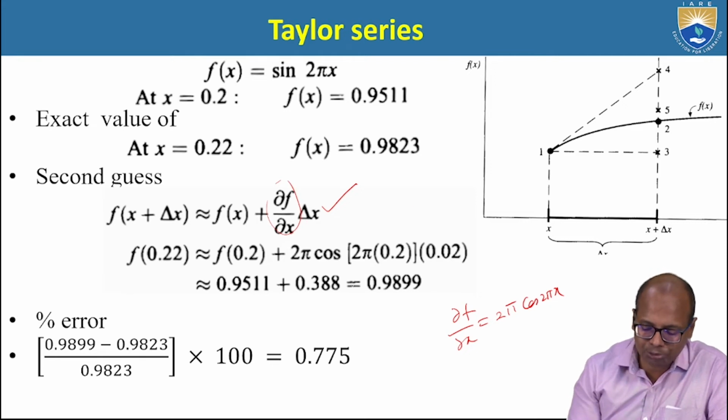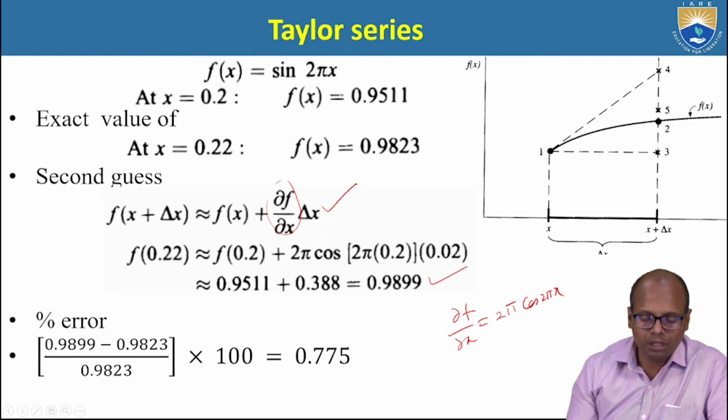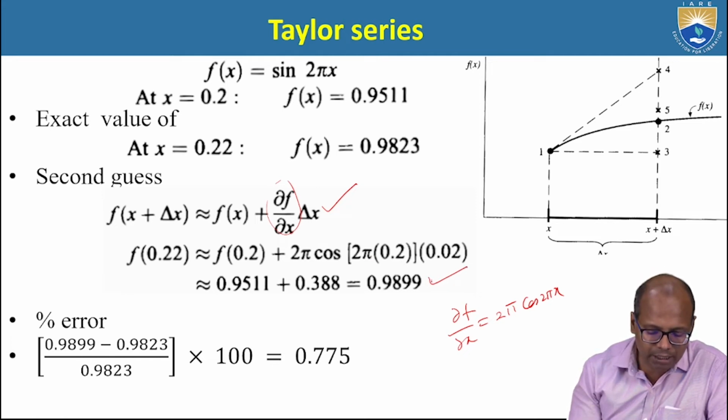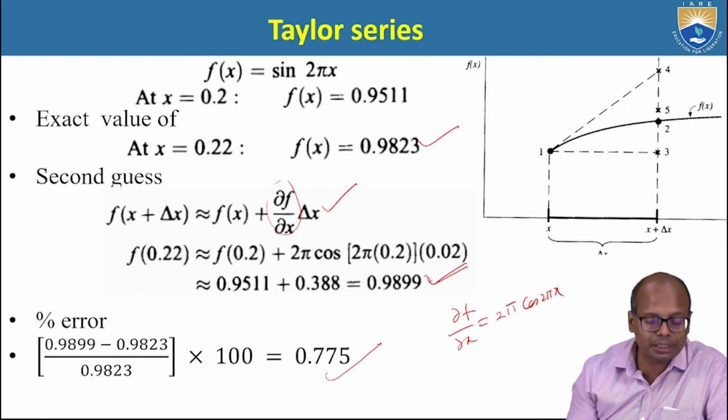If I substitute all the values in this, I will get this value. Now if I see the error, this is the exact value, but this is the value I am getting by considering the slope at point 1. Then the error percentage is less. It is reduced, but it is still significant, 0.7%.